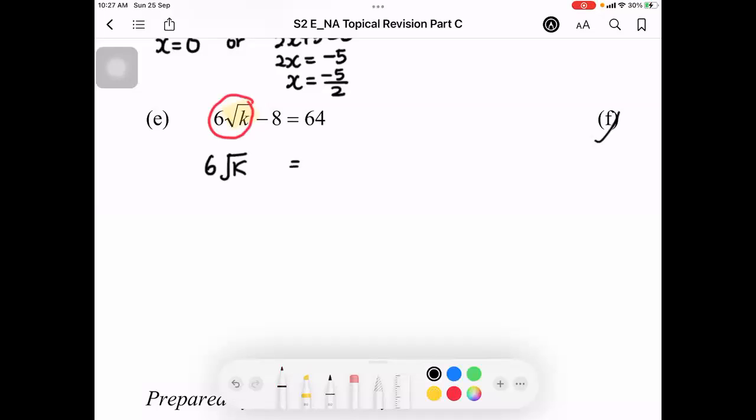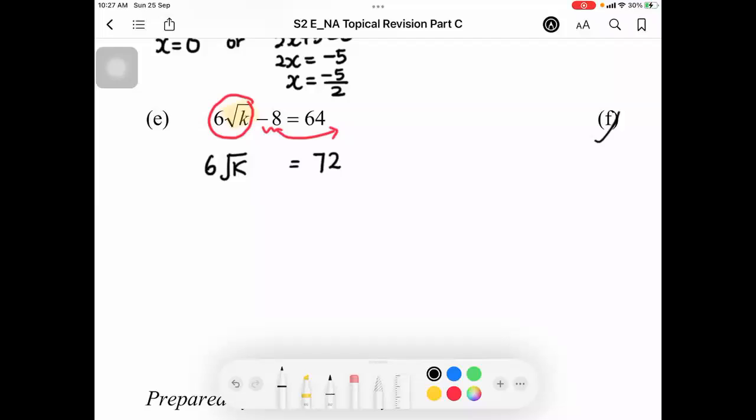I'll shift the negative 8 away first, because this one is the outermost. So I'll get rid of it first. Then this one will be 64 plus 8, right? 64 plus 8 is equals to 72.